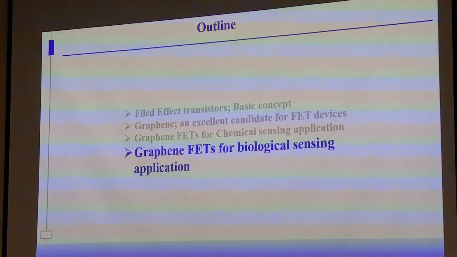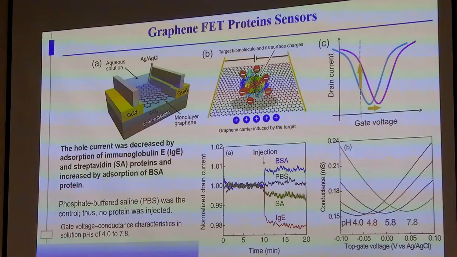Those examples I provided were for gas molecule detection. Now, in real life, for biological applications, the first is a graphene protein sensor. In this case, you have a simple graphene, and on the graphene you have adsorption of IgE and streptavidin assay proteins, and that is increased by BSA protein. Here you can see the simple experiment. In the presence of PBS, it's a straight line, there is no drain current.